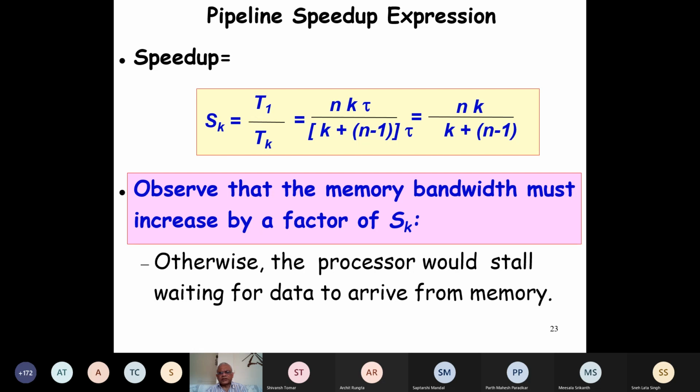So all that instruction and data must be fetched in 1/20th time. So the memory bandwidth must increase by 20 times. The memory has to become very fast. Otherwise, it will not work. It will not give you that 20 times speed up. As we proceed, we'll see how we manage to achieve this increase in memory bandwidth.